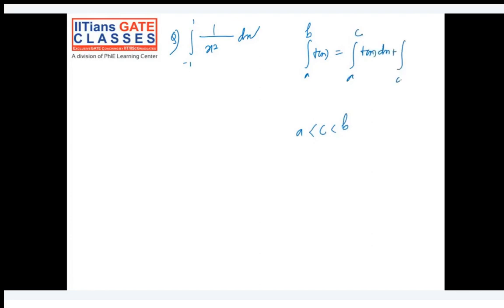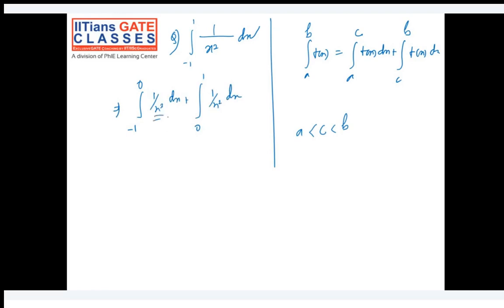In this case, I can write in the same way -1 to 0, 1 upon x square dx plus 0 to 1, 1 upon x square dx. So this function will become infinite when x is equal to 0, and that's why it is divergent.